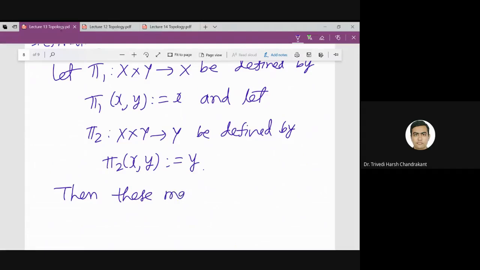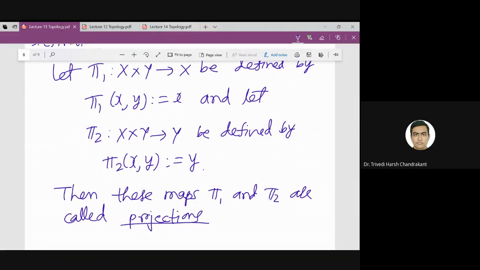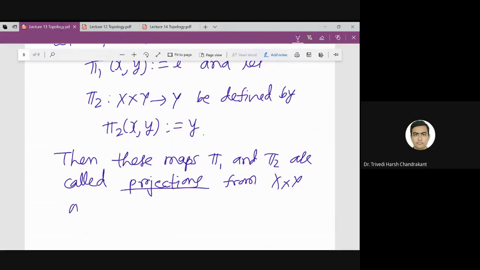Then these maps phi1 and phi2 are called projections from X cross Y onto X. Here onto X means its image, its range, is the whole set X, and for the second map it is onto Y respectively.